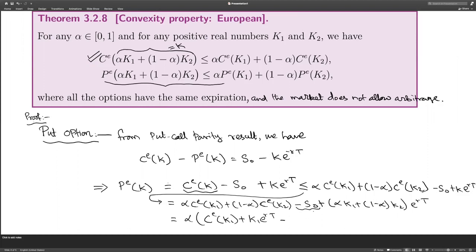So alpha times S naught you put here, and similarly 1 minus alpha times S naught you put in the other group.